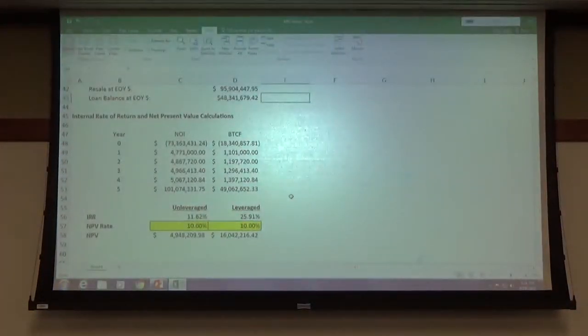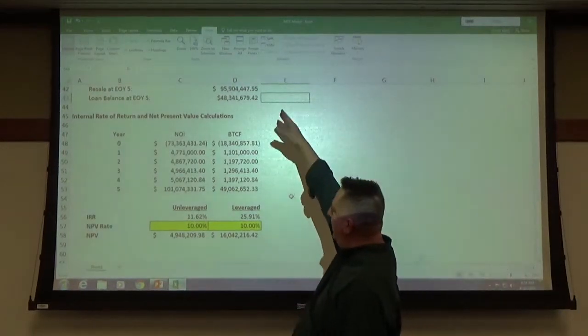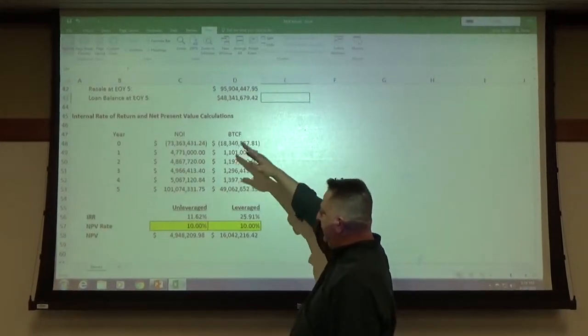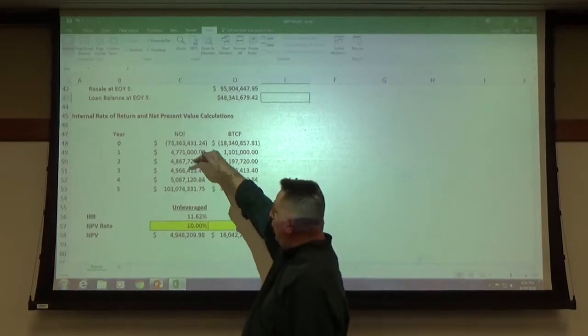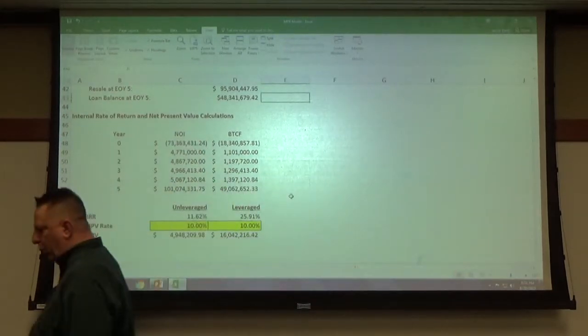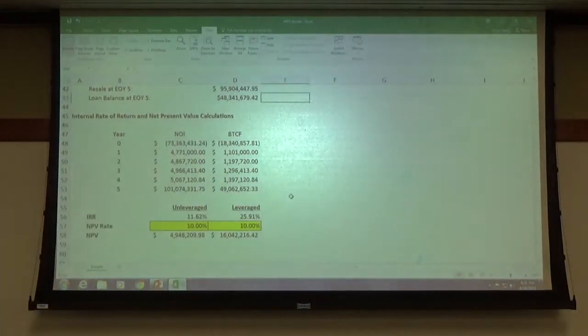Now what we have is, once we've gotten the loan balance, we're going to be using that here in just a minute, but what we want to do at this point is look at the property over the holding period that we had, which was 5 years.